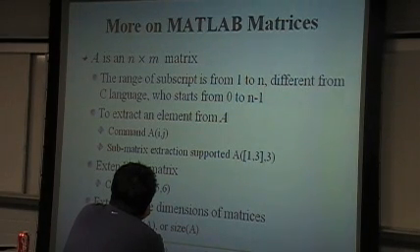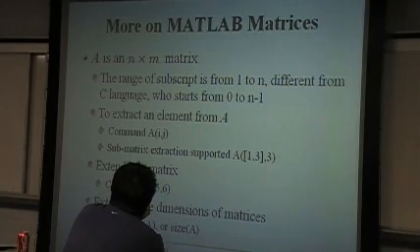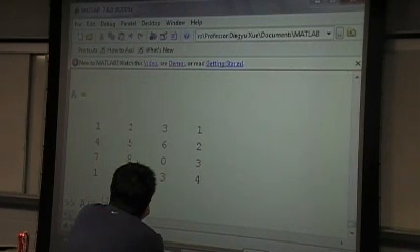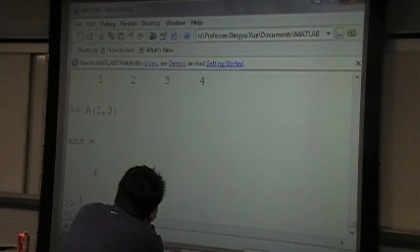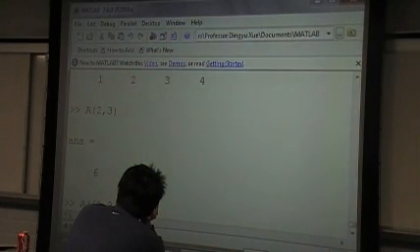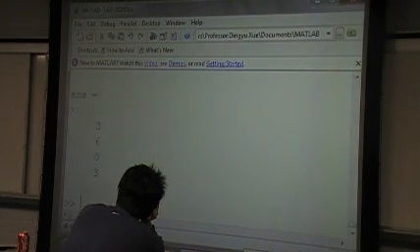And also, if we want to find a certain element in the A matrix, for instance element 2, 3, which means the second row, the third column, we can extract it directly like this. And we can use this kind of command to extract the third column of the matrix. We can do this easily.